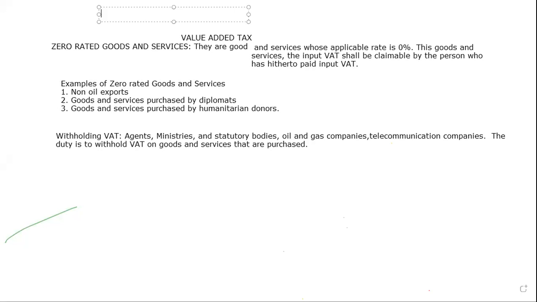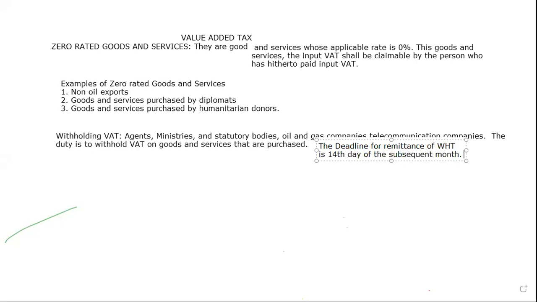The VAT portion of that amount will be held by Miss Kiat, and she will have to remit it before the 14th day of the subsequent month. So the deadline for remittance of withholding VAT is the 14th day of the subsequent month. I hope that's clear.